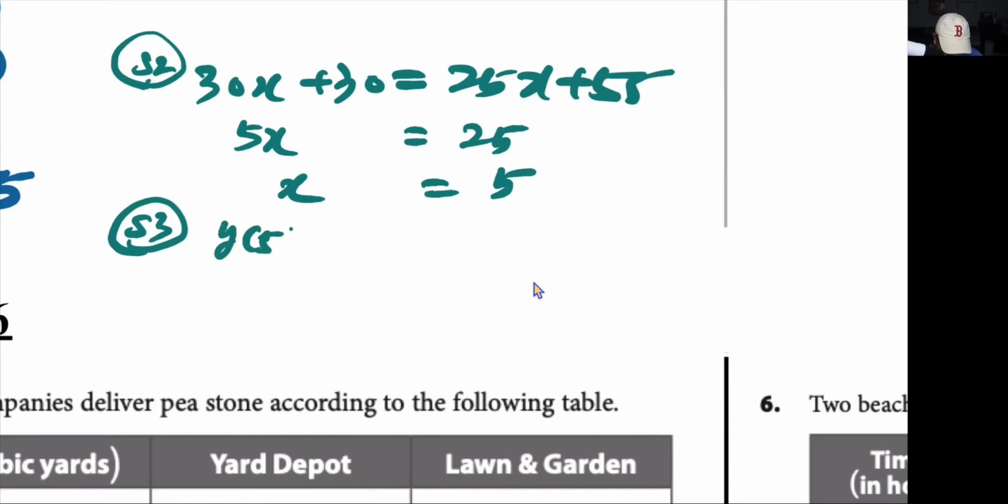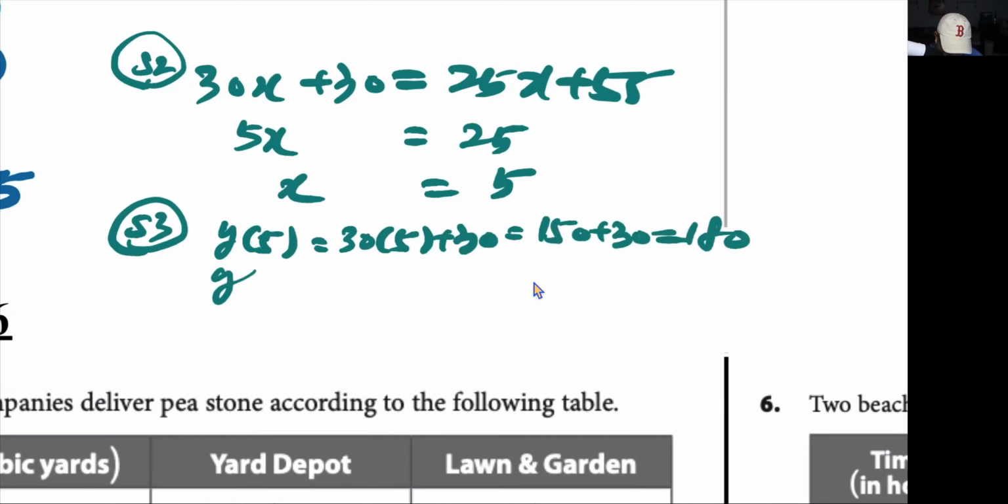y of 5, let's put it into the left-hand side, is 30 times 5 plus 30. 30 times 5 is 150, plus 30 is 180. And y of 5 in the other equation, 25 times 5. What's 25 times 5? That's 125, right? Plus 55, that's 180.